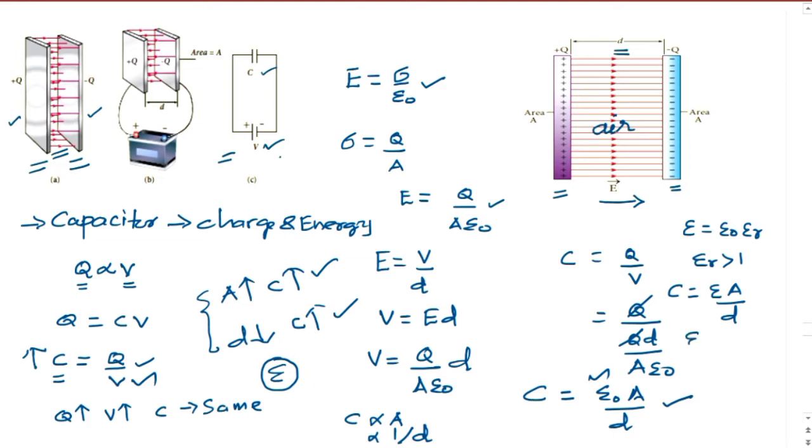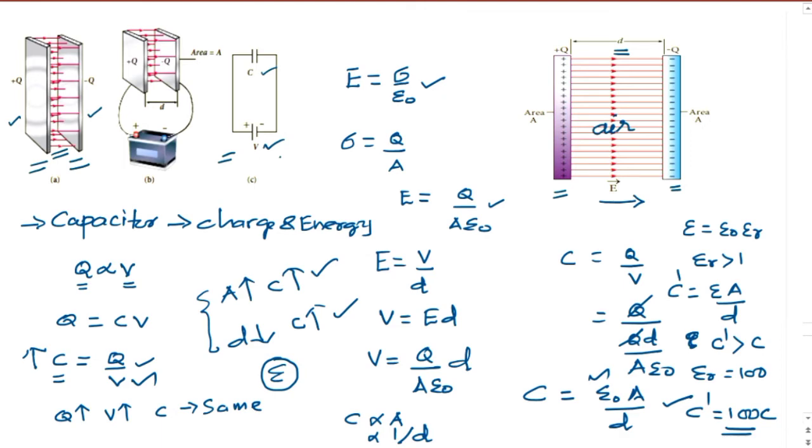Then epsilon r is greater than 1, therefore the corresponding capacitance will increase. Normally C dash will be greater than C. So suppose epsilon r equal to 100, then keeping all the dimensions constant, C dash will be equal to 100 times C. The capacitance can be increased 100 times when we introduce a dielectric of dielectric constant 100.